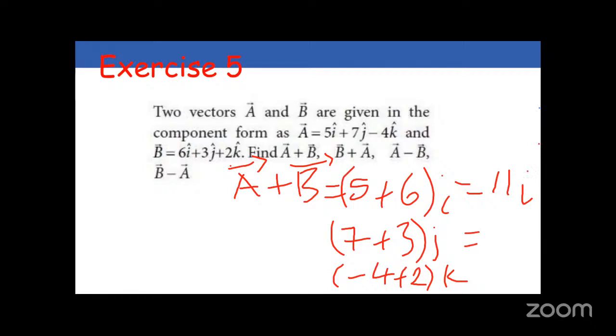7 plus 3 is 10j. And minus 4 plus 2 is minus 2k. So vector A plus B is 11i plus 10j minus 2k.